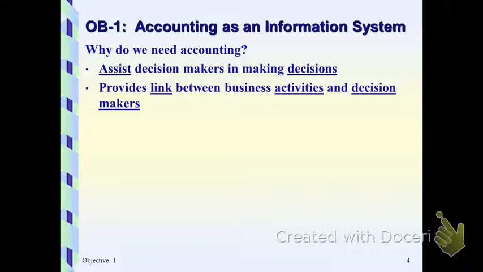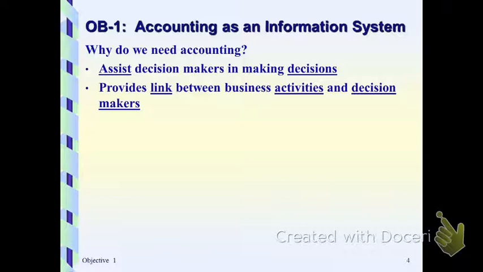In a sense, accounting is not an end in and of itself, but it's an information system that helps us measure, process, and communicate financial information about identifiable economic activities that a business performs.